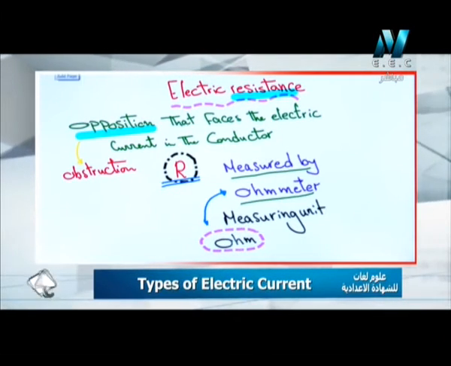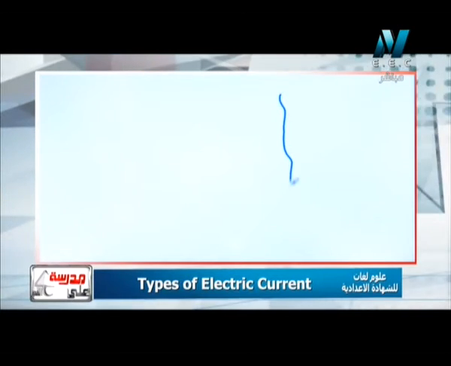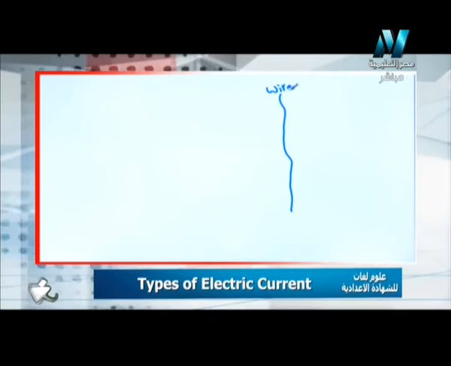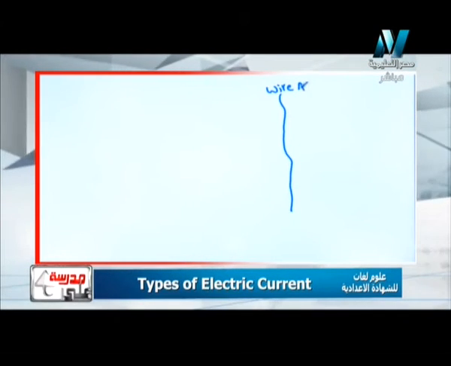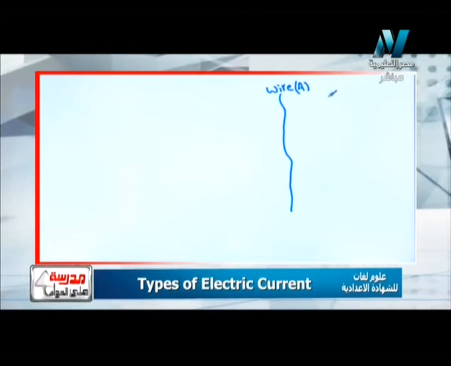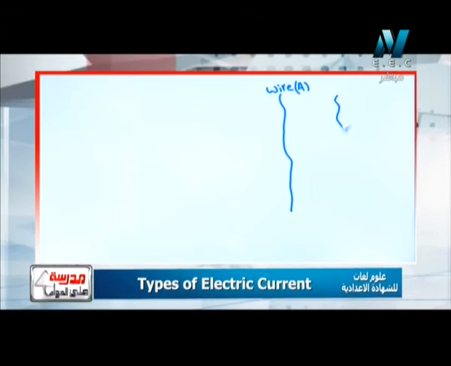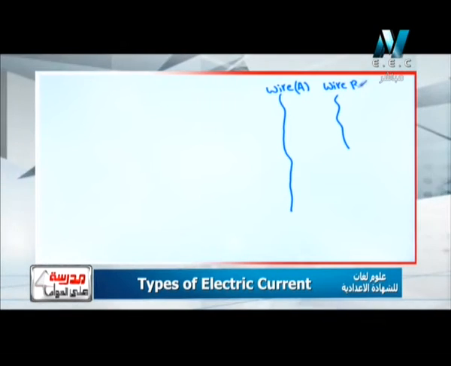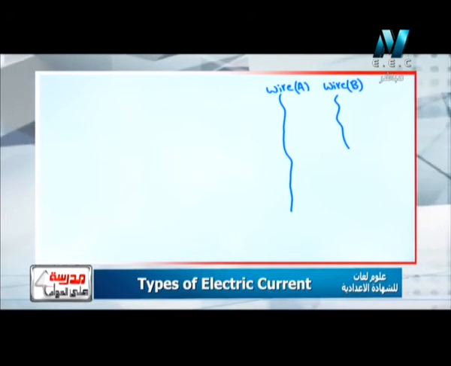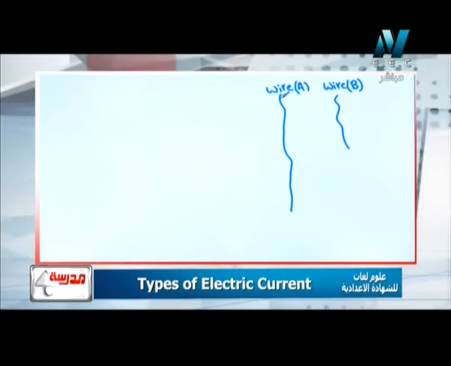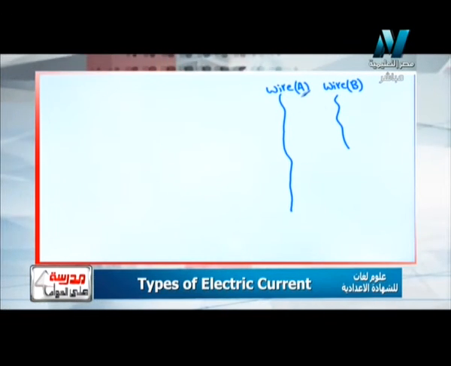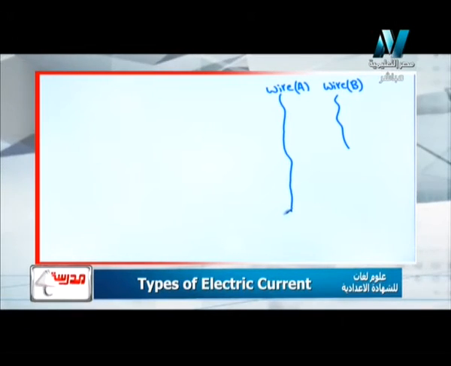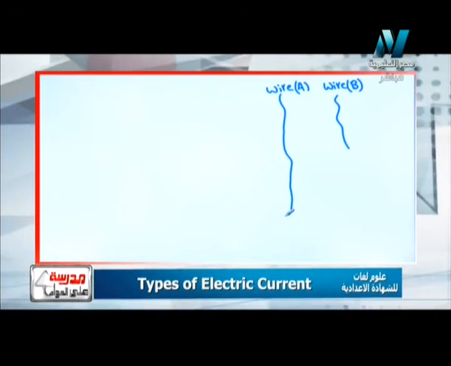So we know what is meant by resistance and the symbol of resistance. Here, if we have two wires, wire A and another wire B, and wire A is longer than wire B, which one has more resistance?